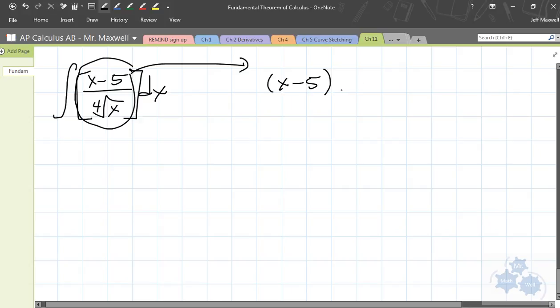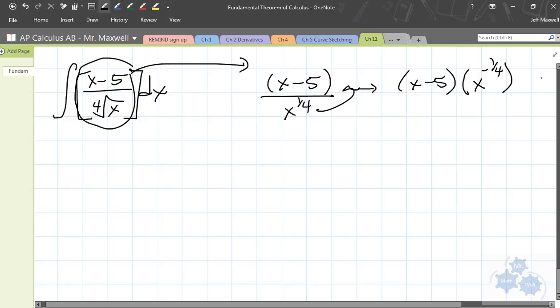The numerator, okay, and if we change that 4th root of x to the 1/4, okay? If we did that, then I'm going to actually change this to x minus 5 times x to the negative 1/4, because I'm going to bring that up from the denominator.